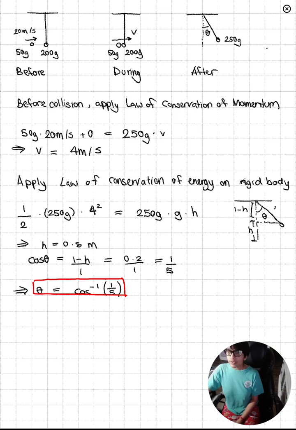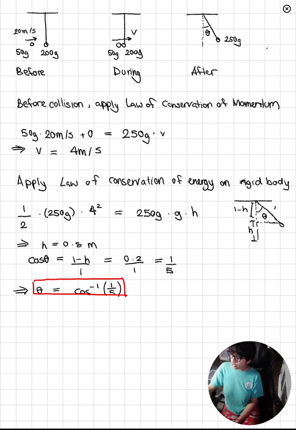Now, we want to find at what angle the pendulum is swinging after this velocity is put on the new, larger formed mass. What did we do? We apply the law of conservation of energy on this new rigid body.